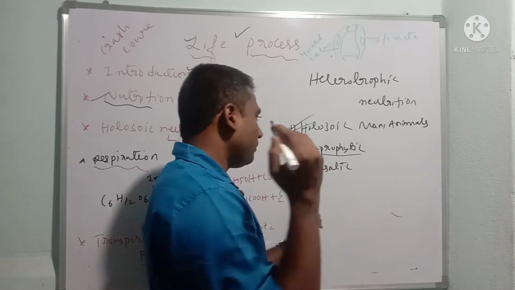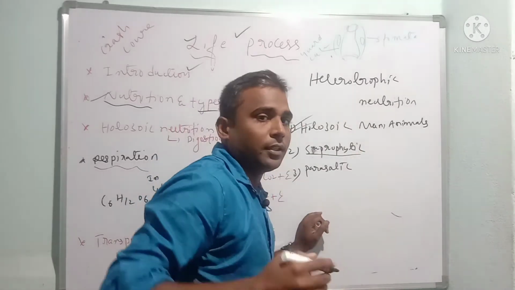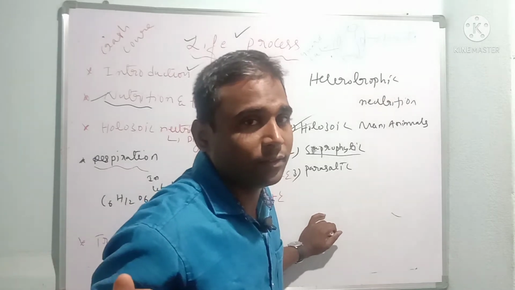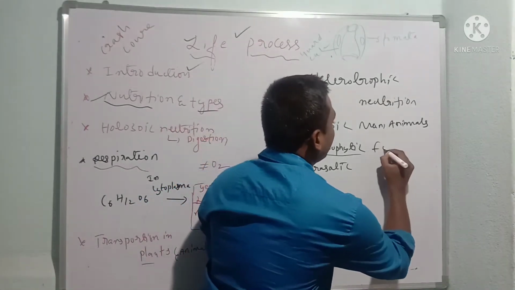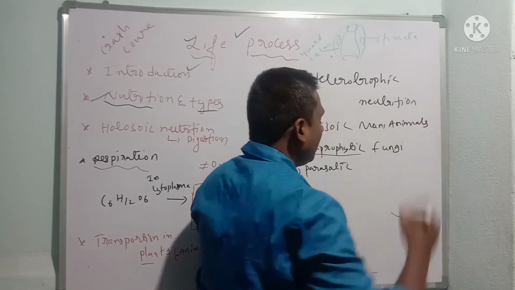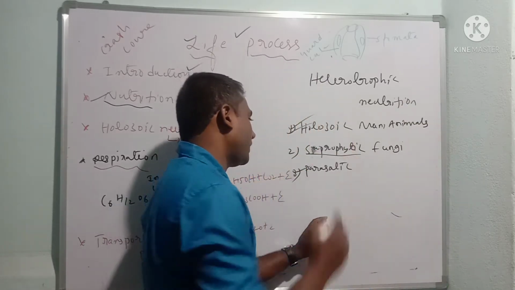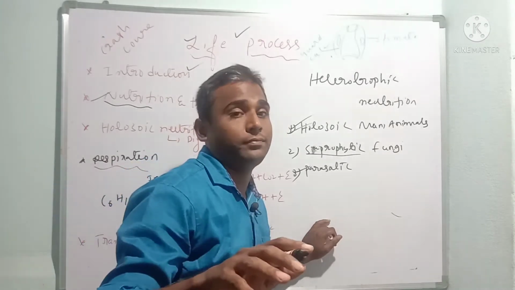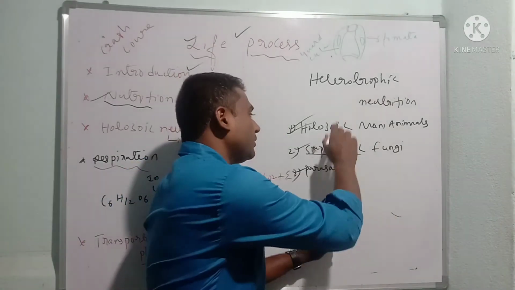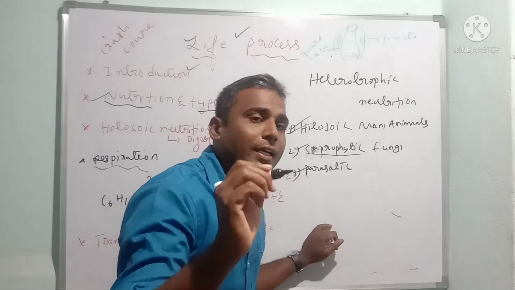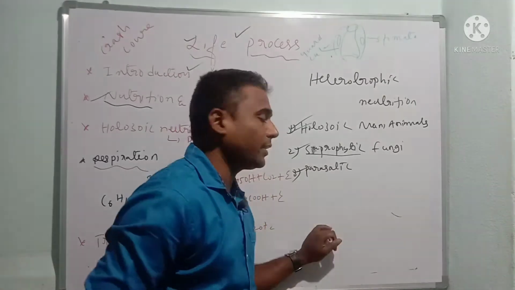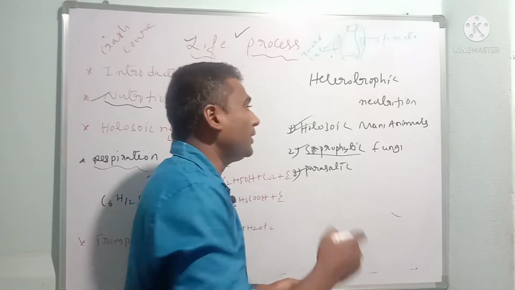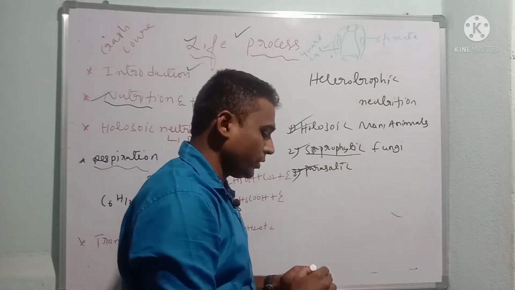Saprophytic is the mode of nutrition present on dead and decayed bodies, like fungi. Last but not least, parasitic is the mode of nutrition that depends upon a living organism. Dead bodies means saprophytic, living organism means parasitic, like tapeworm, roundworm, plasmodium. These are examples of parasitic nutrition.